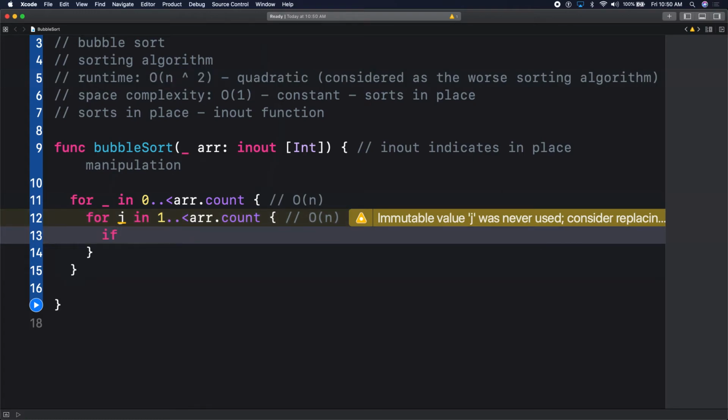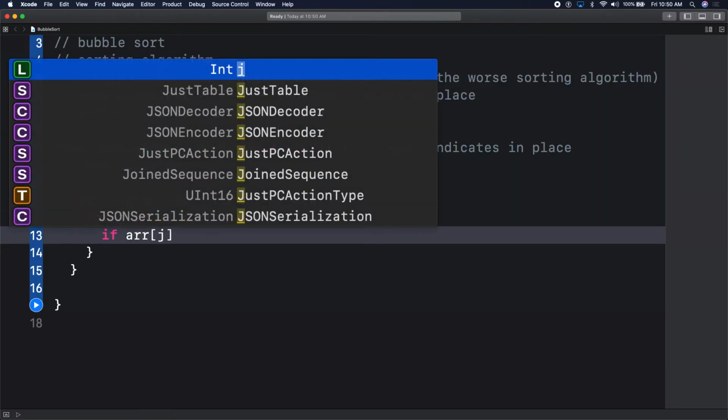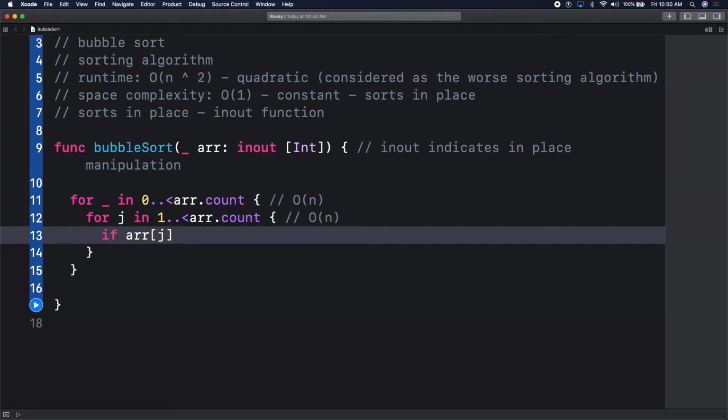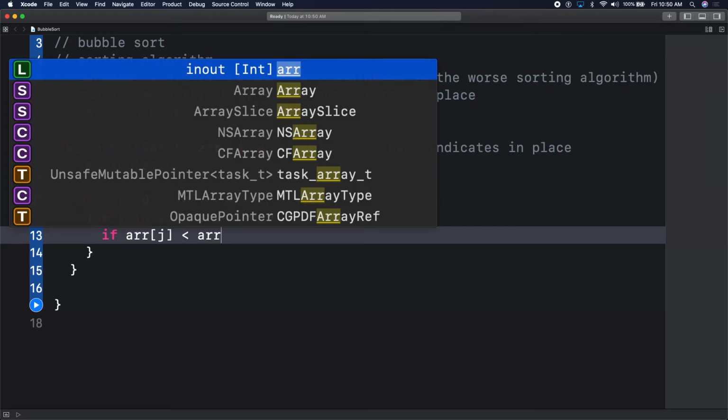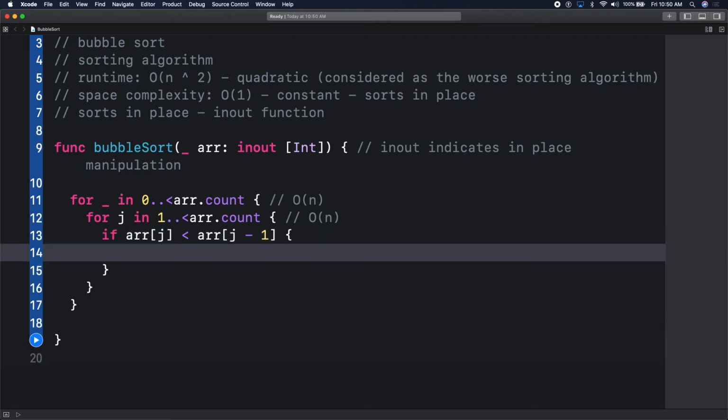Now we want to do the comparison. We want to say here, if array at j is less than array at j minus 1, we'll pause here. This is the same calculation we did earlier. When we looked at j, what did we look at? We looked at j minus 1.